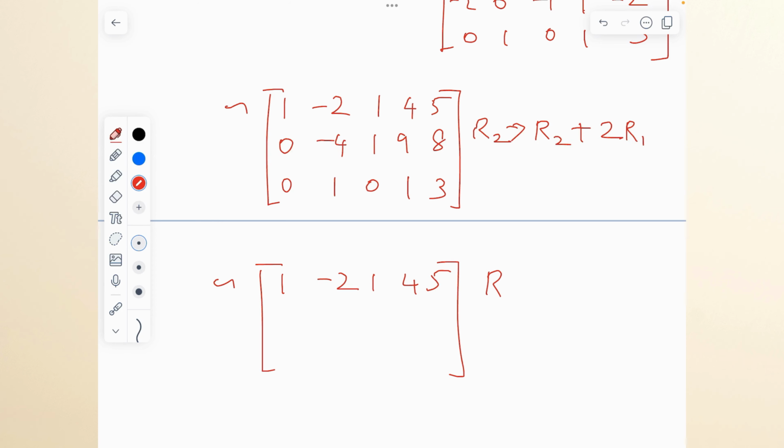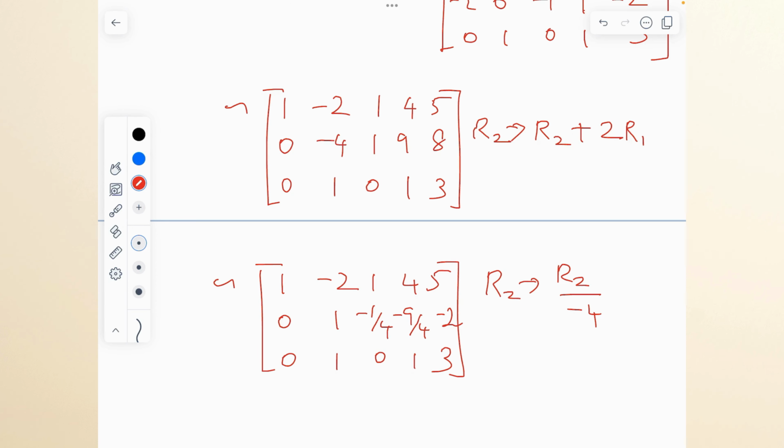So R2 divided by minus 4 gives 0, 1, minus 1 by 4, minus 9 by 4. And 8 by minus 4 is minus 2. Let the third row be as it is: 0, 1, 0, 1, 3. Fine.